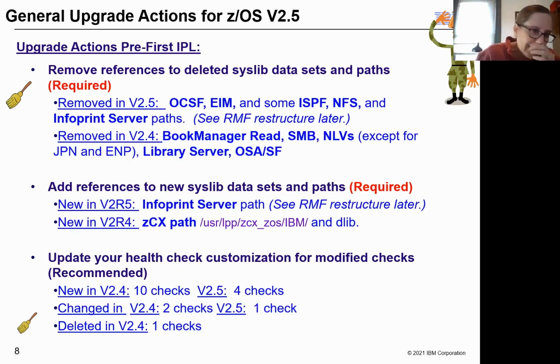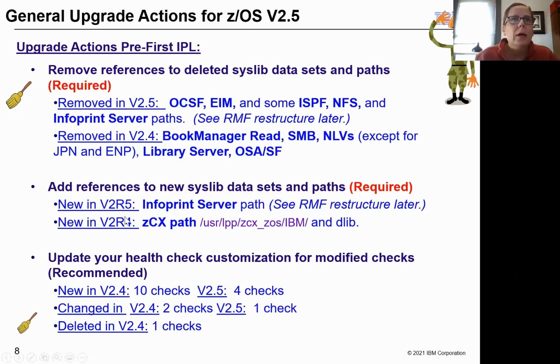Remember, I talked a little bit about how we have RMF being restructured in zOS 2.5. Functions are absolutely identical, no change in behavior of the functions. It's just the packaging and installation configuration work that's a little bit different. We'll talk about that on its own slide.